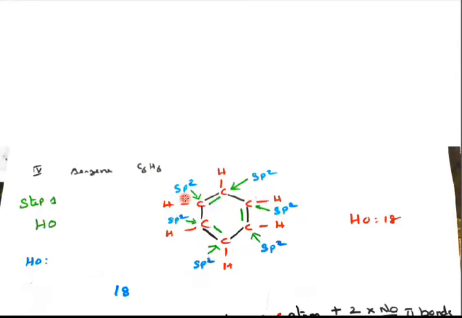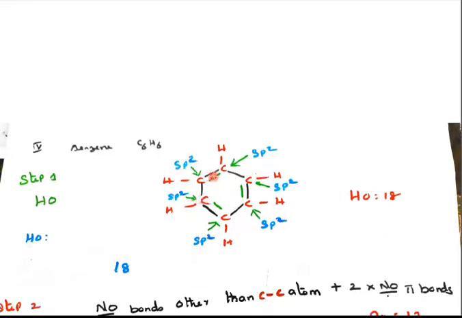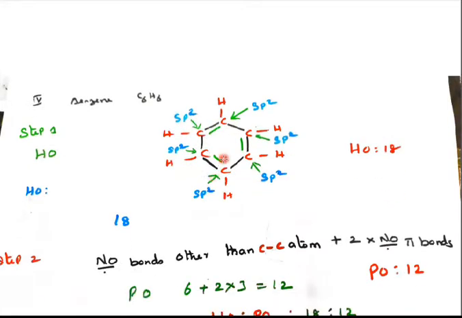Each has 3 hybridized orbitals, so 6 into 3, 18. So the hybridized orbitals are 18.